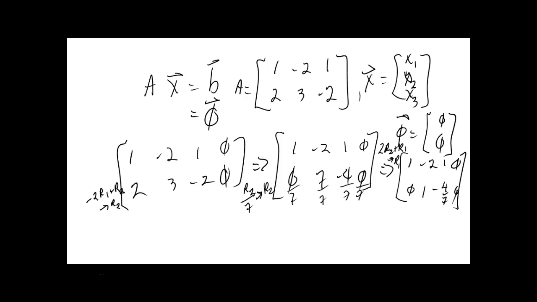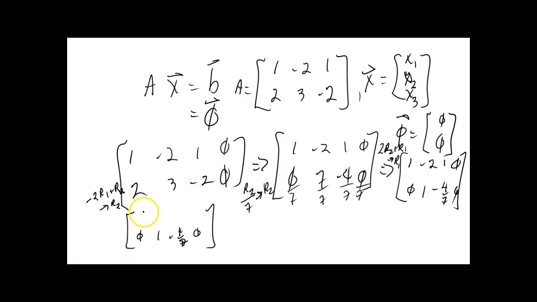Okay. The new matrix will now be, we're using the bottom row, 0, 1, negative 4/7, 0. The pen doesn't write, and then I write again, and it double writes.